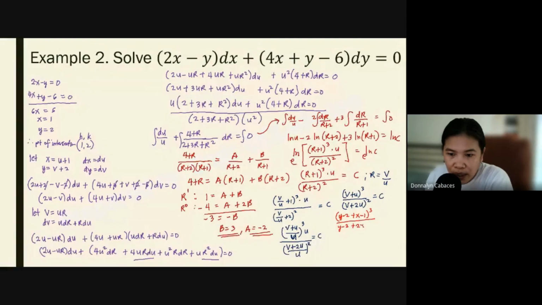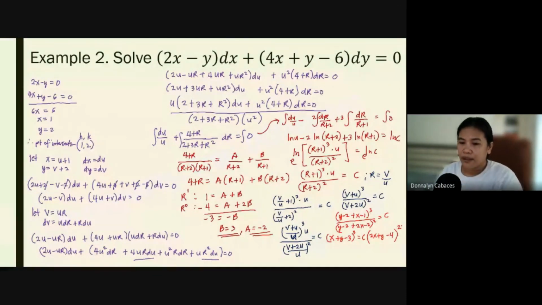So, that is 2X minus 2 square is equal to C. So, simplifying, you have X plus Y minus 3 quantity cube is equal to C times 2X plus Y minus 4 quantity square. And that is now the solution of the differential equation.